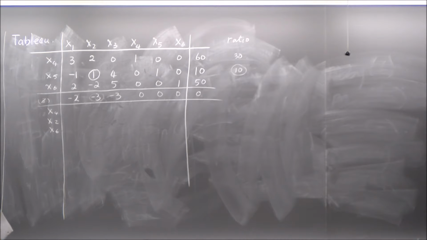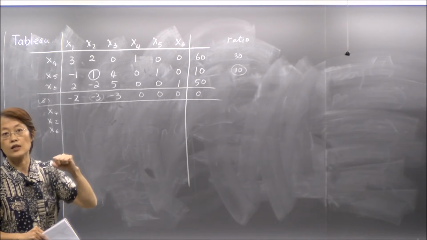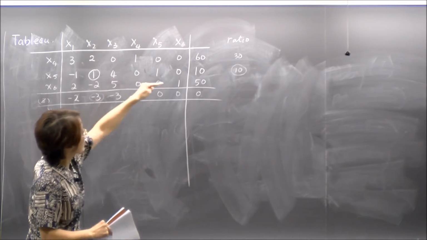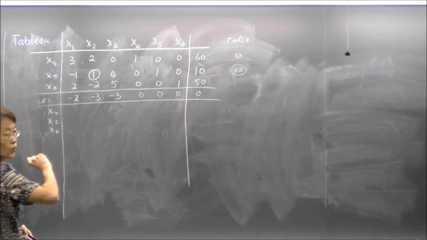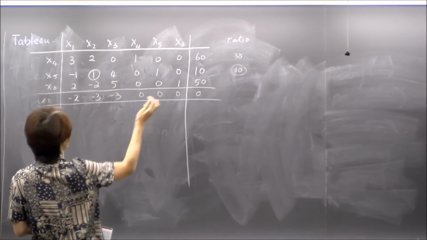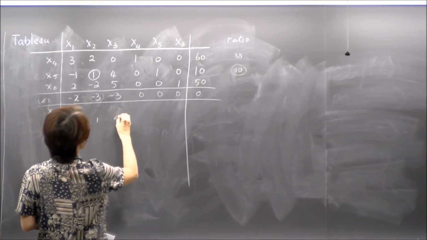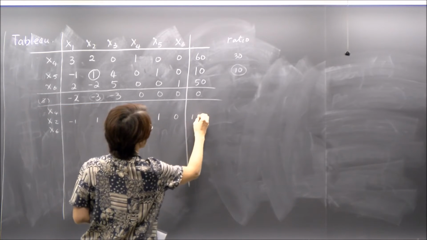Now you don't see the x's attached to these coefficients. So all you deal with are these coefficients, right? You can take it as a vector. So I take this row vector. I want to make this guy equal to 1. That's the first step. But that's already 1, so which means that this row I can copy. So I have negative 1, 1, 4, and 0, 1, and 0, and 10.